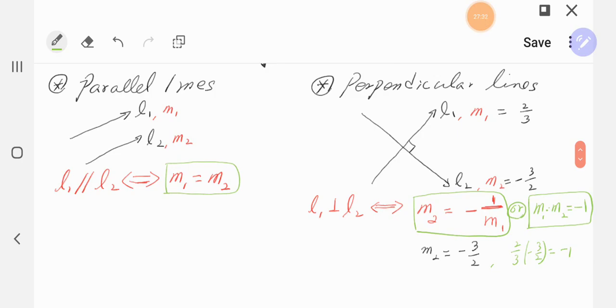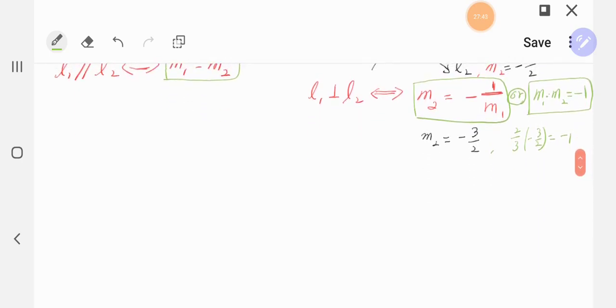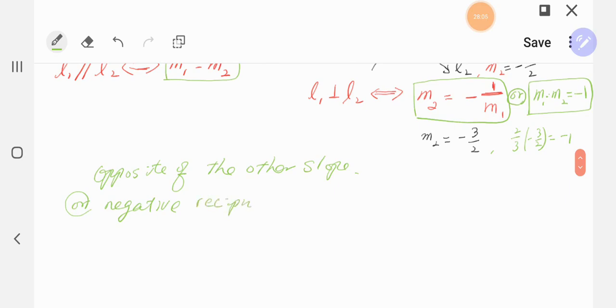is the negative reciprocal of the other slope. Opposite of the reciprocal of the other slope. Okay, negative reciprocal of the other slope.